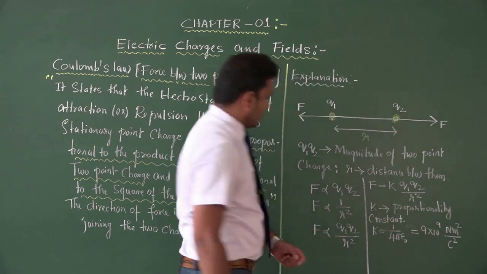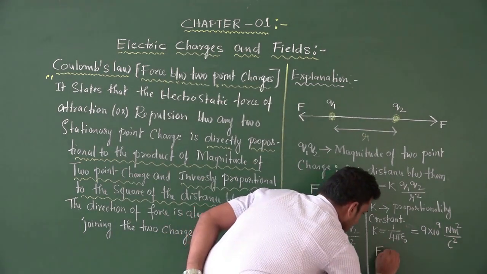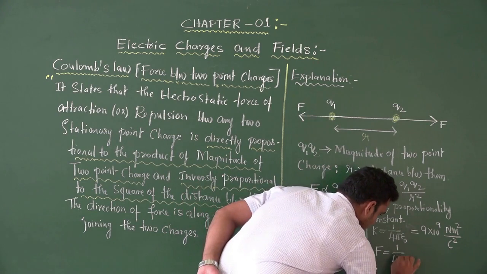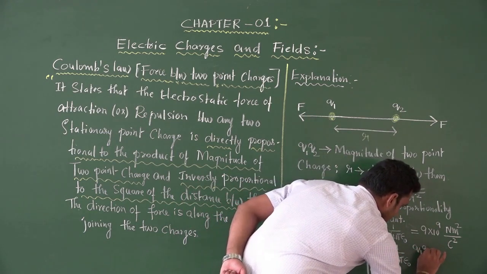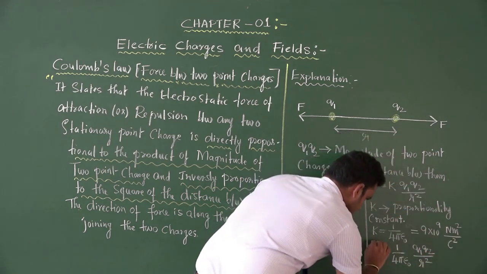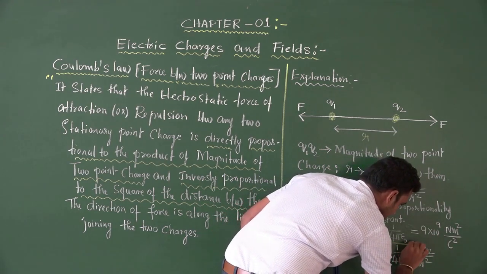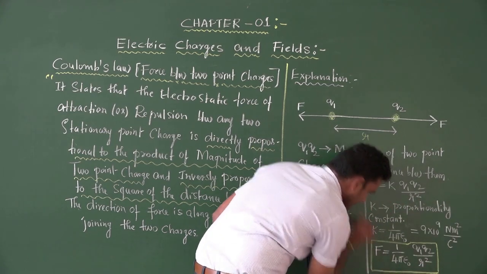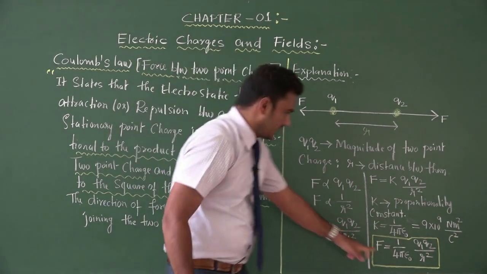And finally, we can express Coulomb's law like this: F is equal to, in place of K, we can write 1 over 4 pi epsilon naught Q1 Q2 divided by r squared. So this is the final equation for Coulomb's law in terms of magnitude.